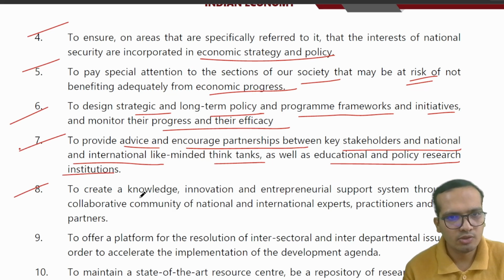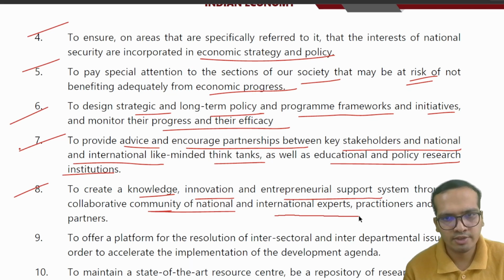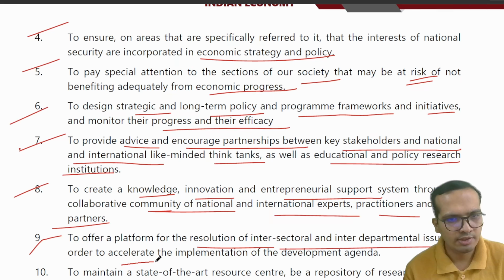Eighth, to create a knowledge, innovation, and entrepreneurial support system through a collaborative community of national and international experts, practitioners, and other partners. Ninth, to offer a platform for the resolution of intersectoral and interdepartmental issues in order to accelerate the implementation of the development agenda.